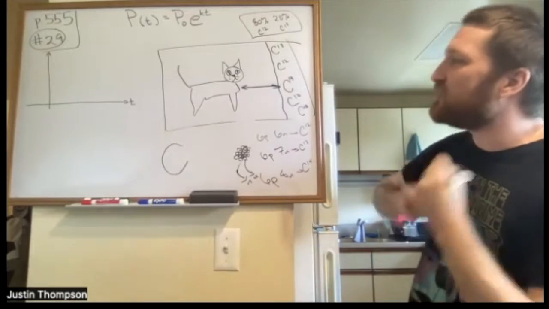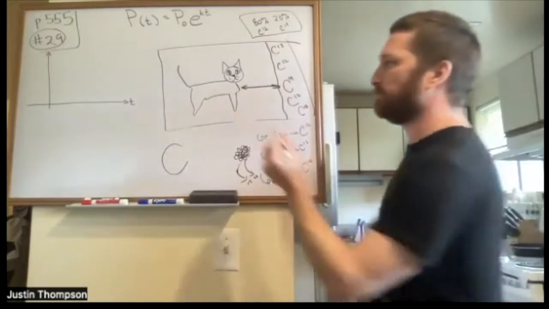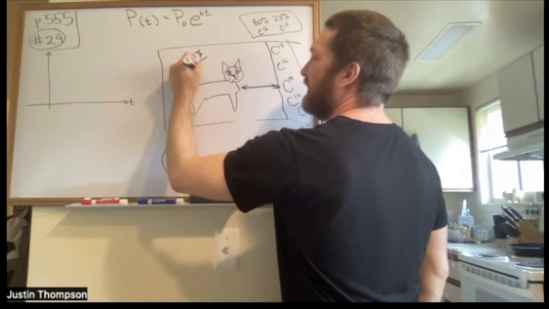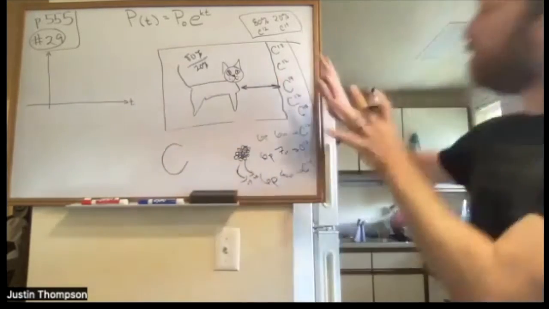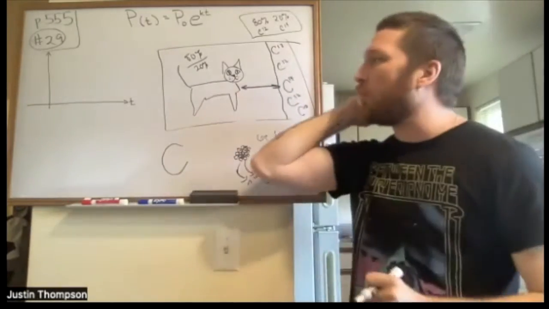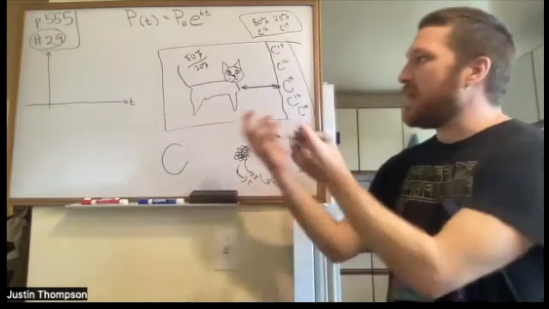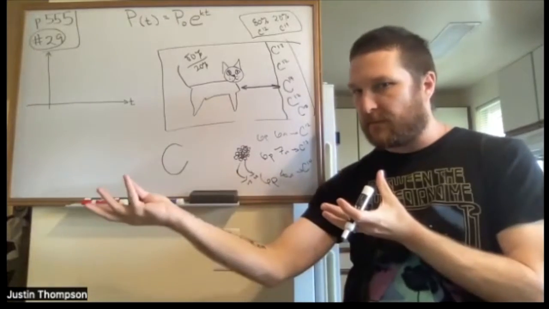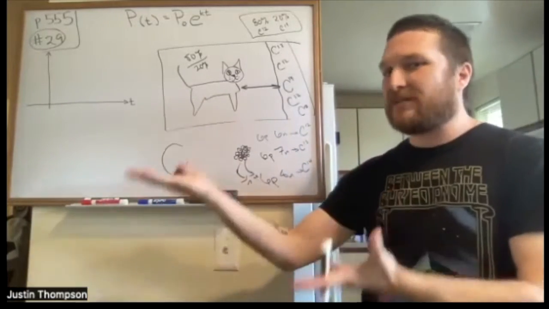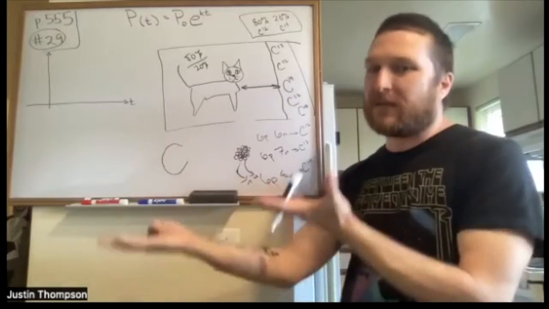And so while it's living, it has the same proportion of these atoms in it. So if this cat were to die today, and we analyzed how much carbon 14 and how much carbon 12 it has, we'd see it's about an 80-20 balance.